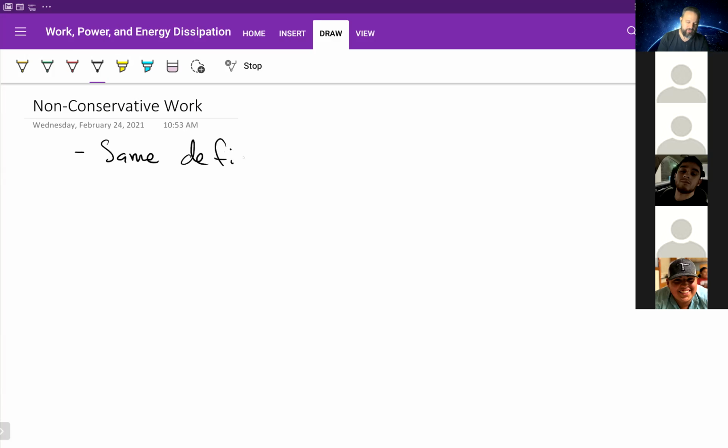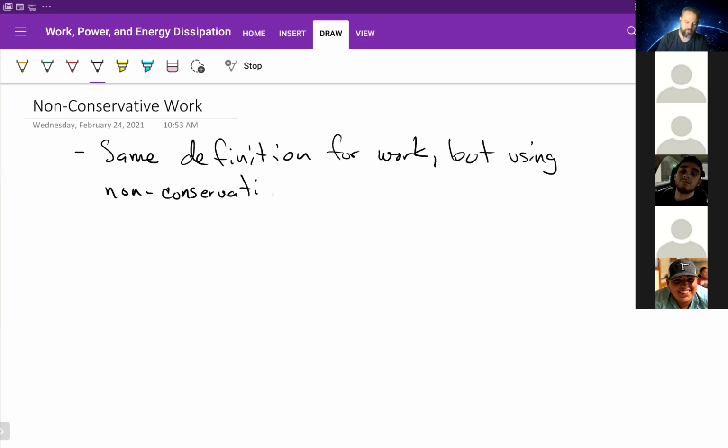It's got a similar definition for work, but using non-conservative forces, all right? So what are those non-conservative forces again? That would be friction, drag, or viscosity, okay?